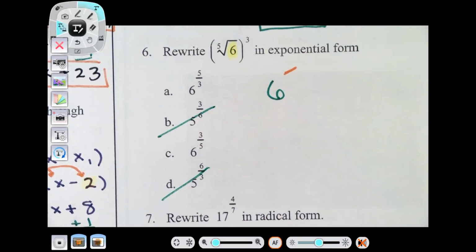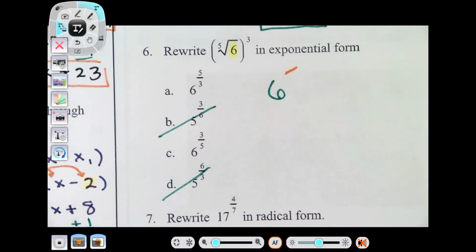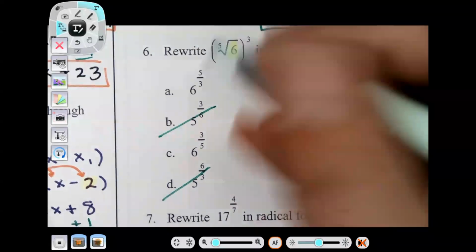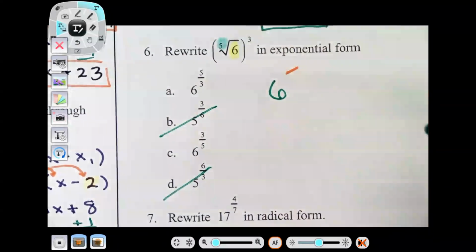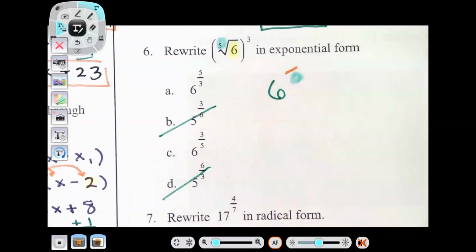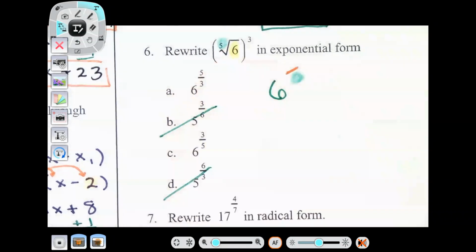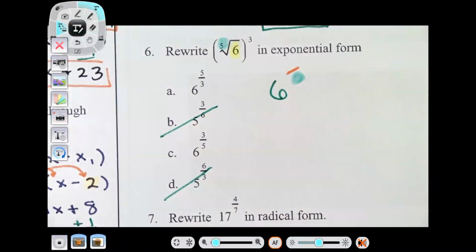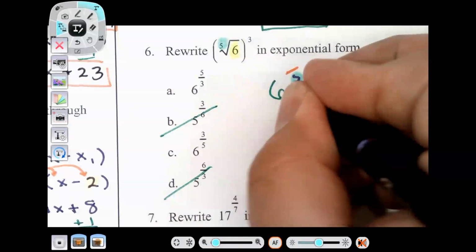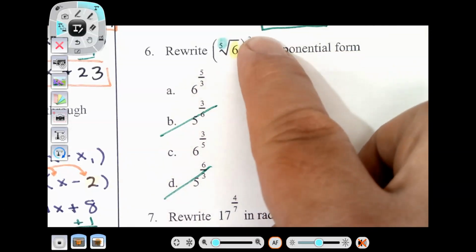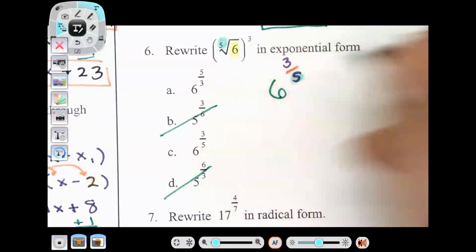So we have a power that's a fraction. What you need to remember, and according to the word wall, whatever our index is represents our denominator. So if my index is a 5, then I need to put a 5 right here. And then the only number left is the 3. Well, that goes on the top.